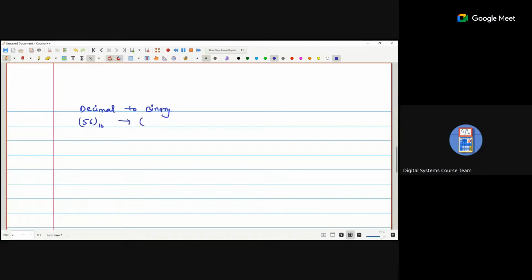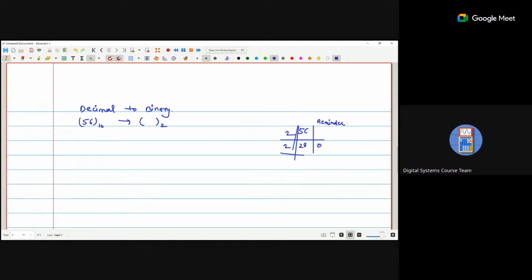Here we divide by 2 repeatedly and note the remainder. 56 divided by 2 is 28, remainder 0.